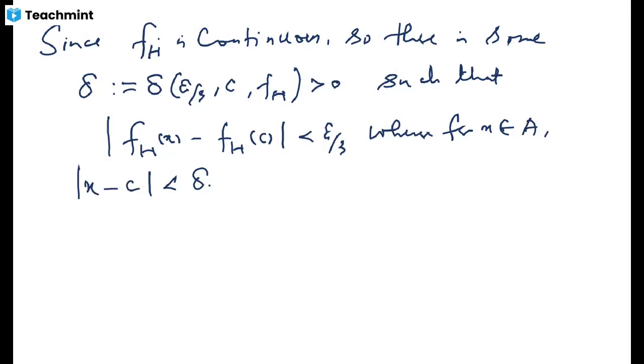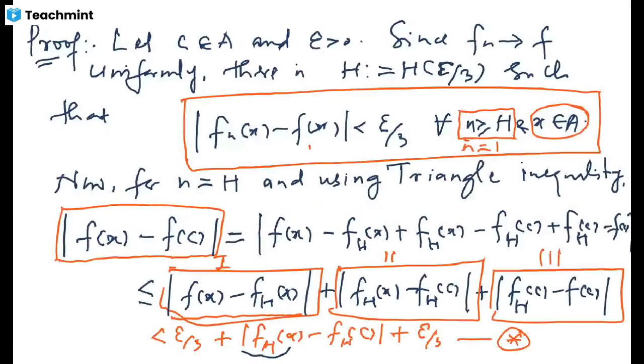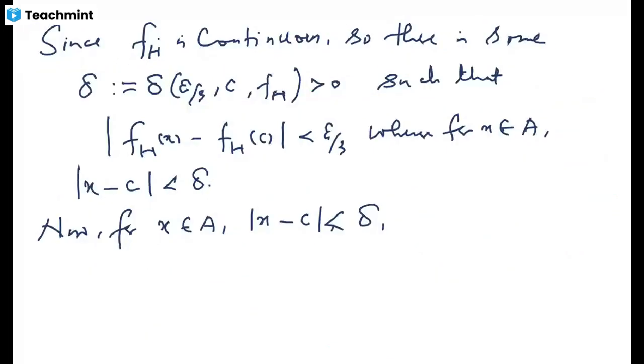Okay, now for any point x in A satisfying this inequality, |x - c| less than delta, we are going to get this number |f_h(x) - f_h(c)| less than epsilon by 3. So this can be used here in this inequality star. That means I can replace it with epsilon by 3. And then see the right hand side turns out to be, so I'm writing it from star.